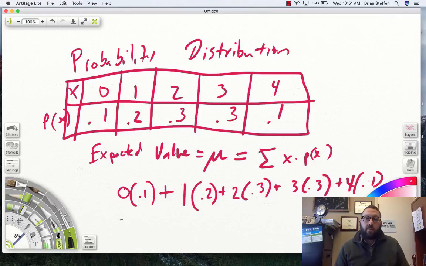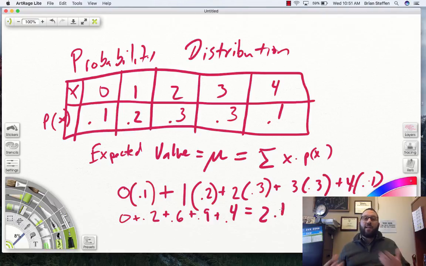Multiply all those together, so I'm going to have 0 plus 0.2 plus 0.6 plus 0.9 plus 0.4 for a grand total of 2.1.